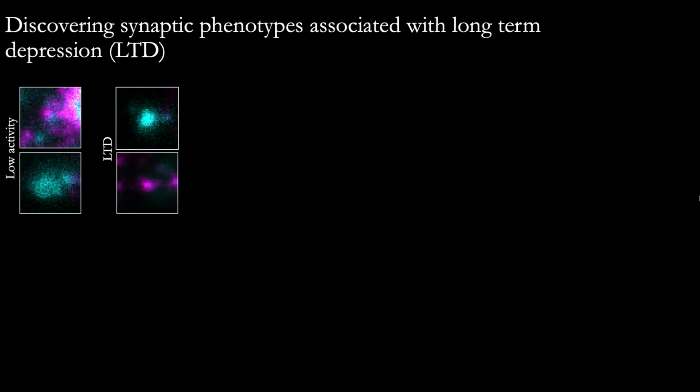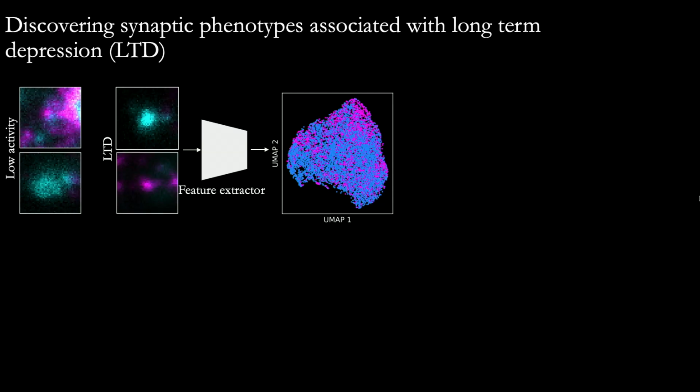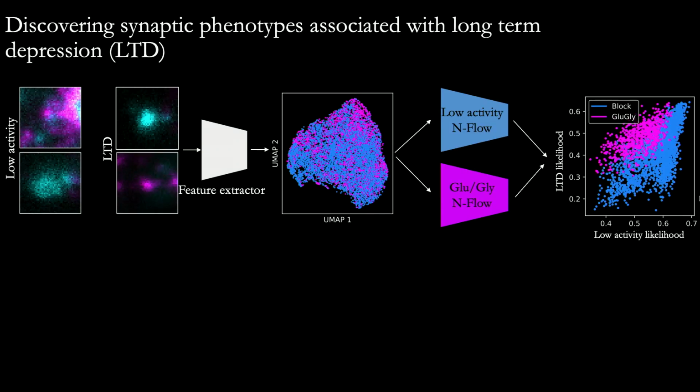Now we can apply it to our data set of stimulation and do exactly the same thing. We extract the features with our self-supervised model, project them into a lower dimensional space, then apply our normalizing flow, which allows us to model what is normal and what is not normal. Here it was overlapping strongly, and we start to see a difference between the two populations.